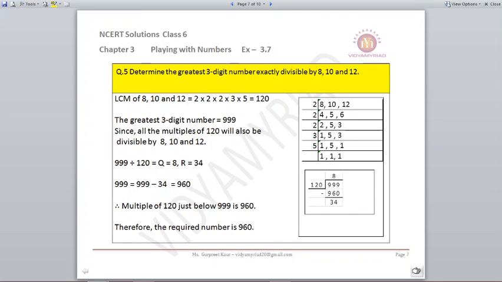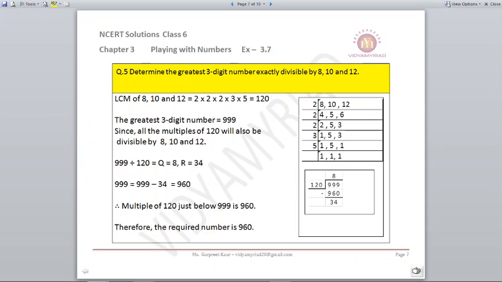Question number 5. Determine the greatest 3-digit number exactly divisible by 8, 10 and 12. Now here, to find the exact number, let us first find the LCM of 8, 10 and 12. We got 120. Now what is the greatest 3-digit number? That is 999. Now whether this is divisible by 120, let us check.